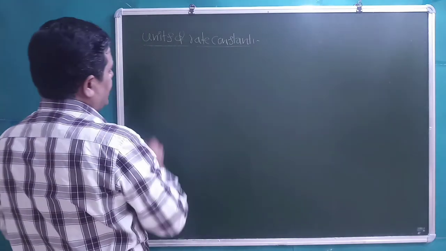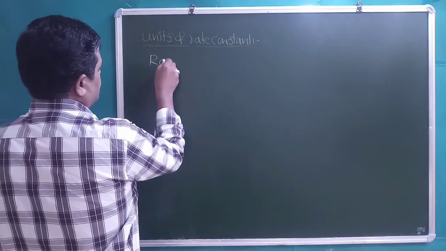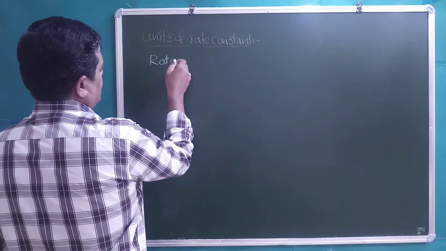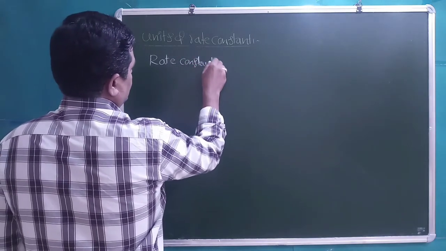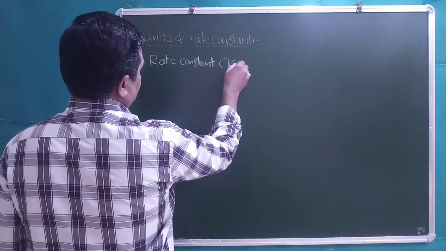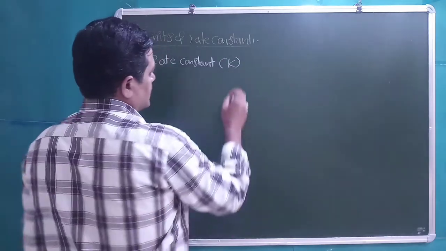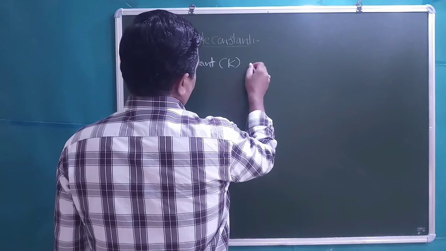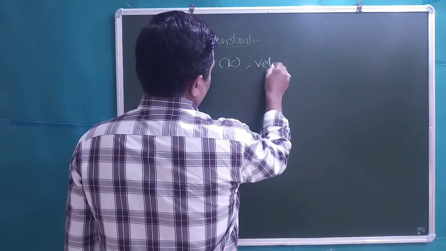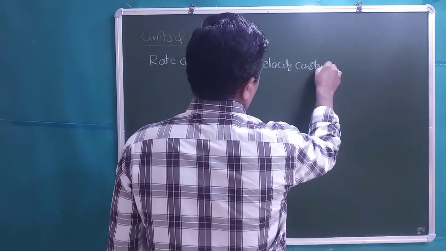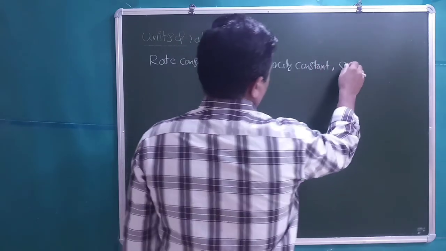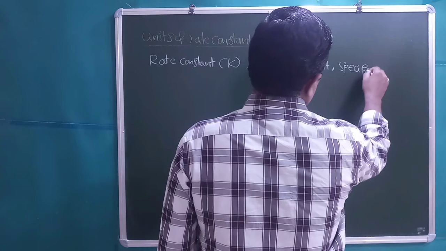Students, generally the rate constant is expressed with the letter K. It is also known as velocity constant or specific reaction rate.